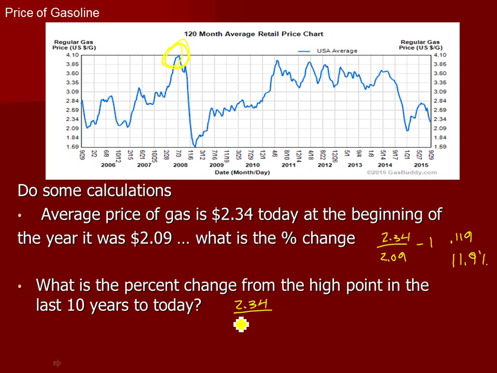Then the past goes on the bottom, 4.10, and then we subtract 1. This will give us a negative number, and when you see a negative number, you should feel confident in your answer because we know we went from a bigger value to a smaller value. And the number is what? Mr. Johnson? Yes, negative 43%, or a 43% decline.